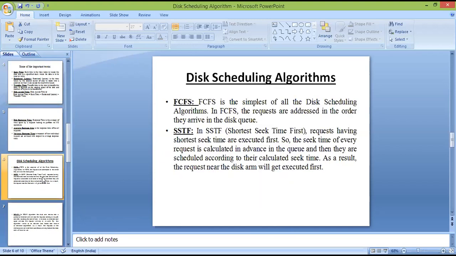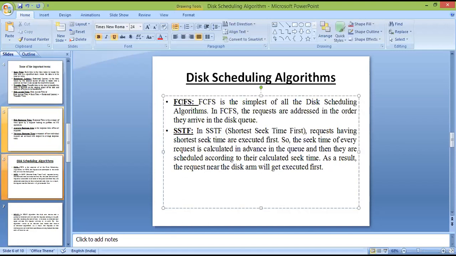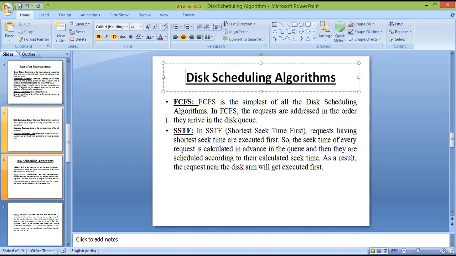The next one, the actual disk scheduling algorithms. The disk scheduling algorithms consist of 5 algorithms. Among them, first one, FCFS. FCFS stands for first come first serve algorithm.